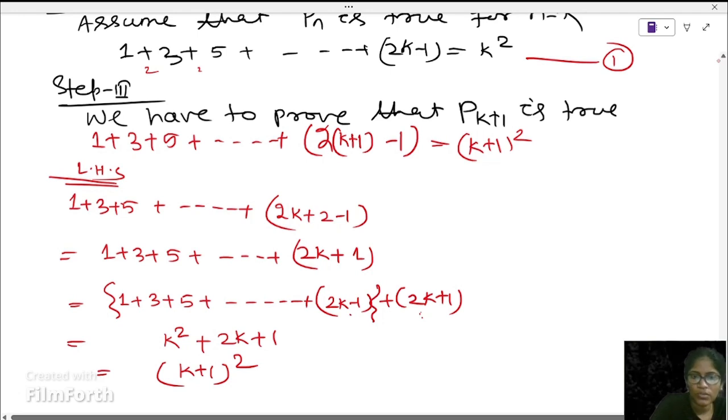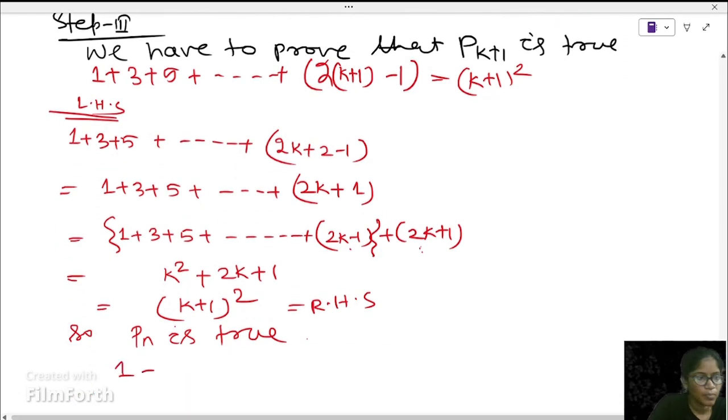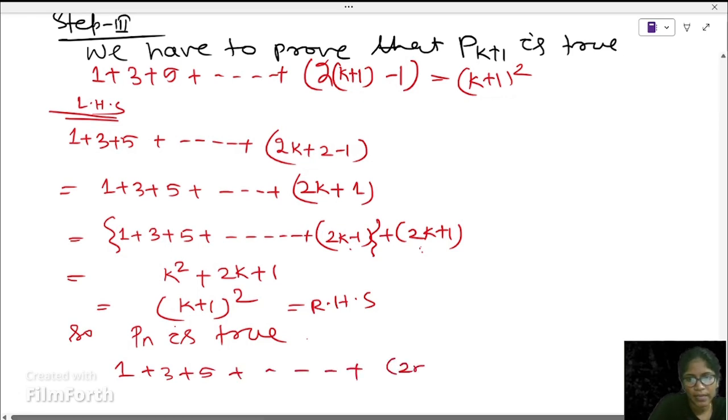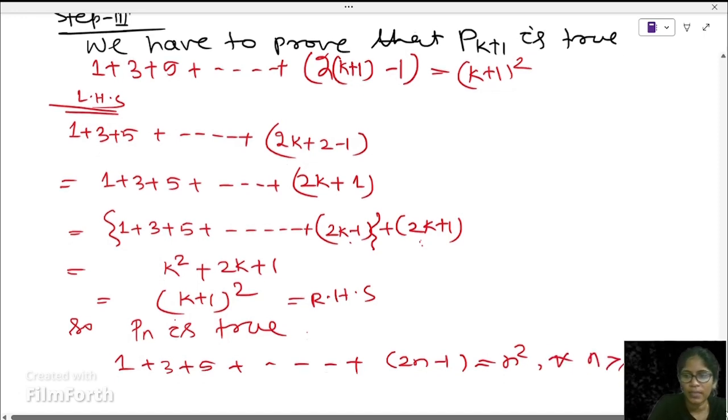That means k square plus 2 into k into 1 plus 1, which is equal to RHS. So, hence Pn is true. That means 1 plus 3 plus 5 plus up to 2n minus 1 is equal to n square for all n greater than or equal to 1.